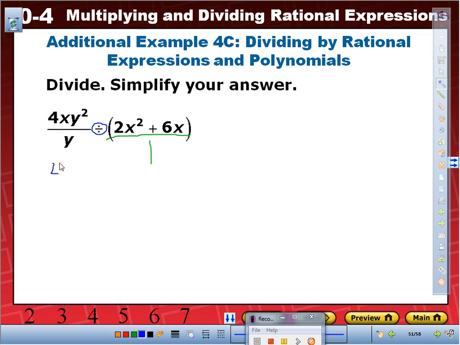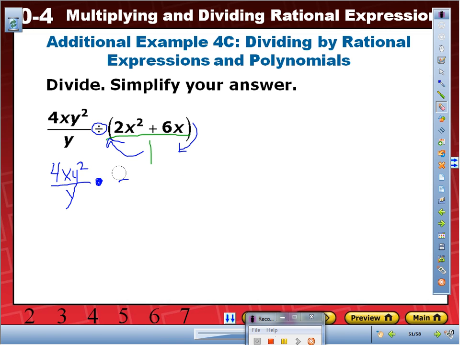So we leave it as 4xy squared over y, and instead of division, it's multiplication, and then we write our reciprocal, which is 1 over 2x squared plus 6x. And we know what to do from there.